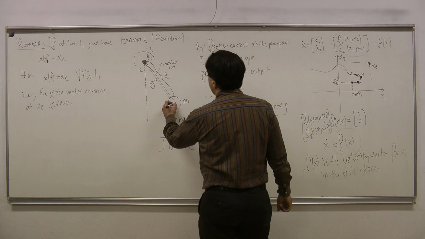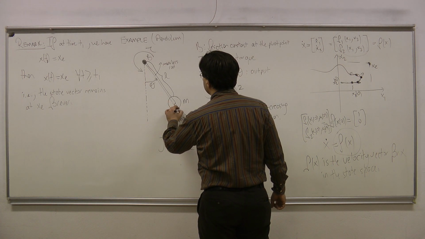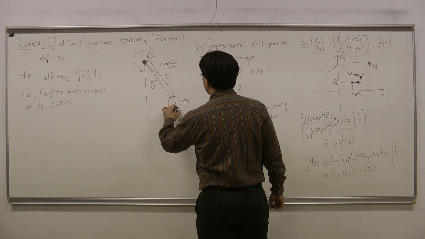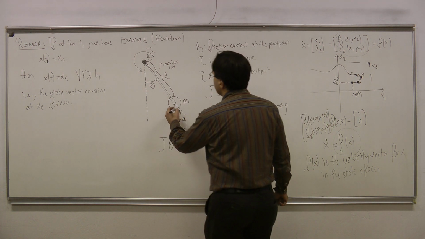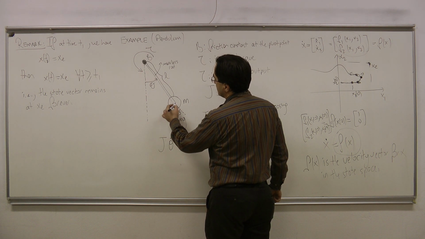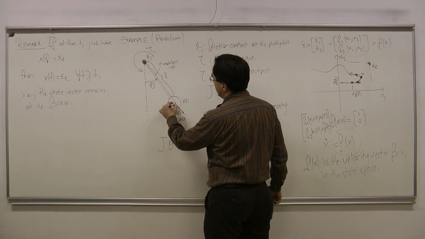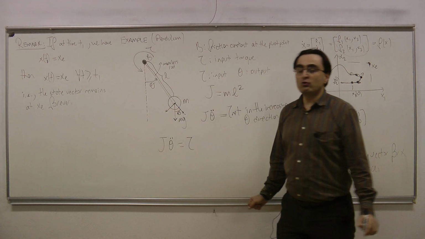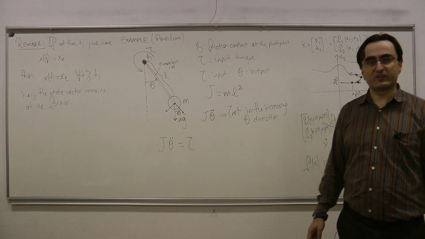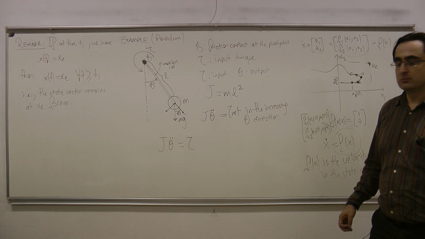All right? So I have theta here. And I can actually decompose this gravitational force into two parts. This part and this part. And which part do you think is going to cause a torque on the pendulum?